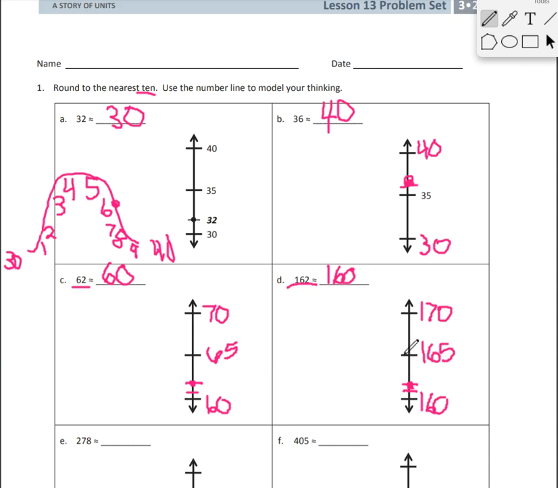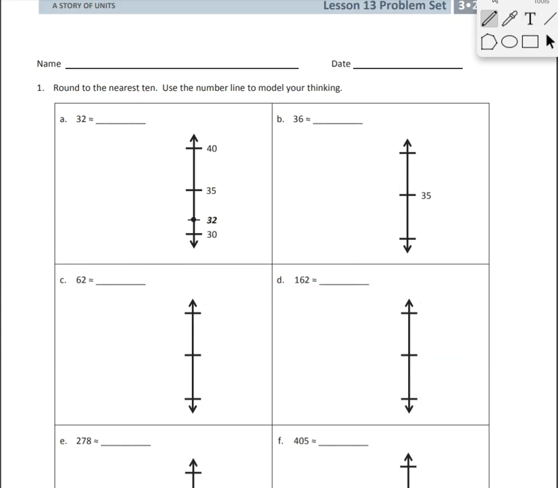It's thinking about movement. The numbers are lazy. They want to do as little moving as possible. So keep them close to what you can round it to. Don't make it do a ton of work. Don't turn 162 into 170. I'd have to jump 8 spots. Here, I only have to move 2 spots. Lazy numbers. They don't want to go anywhere.